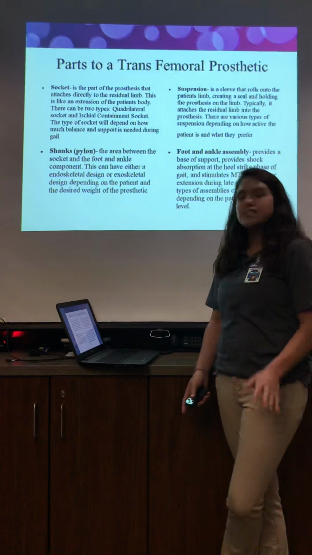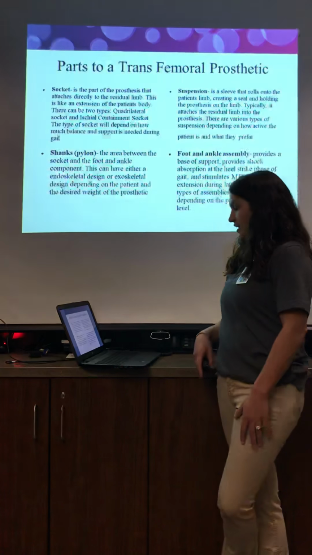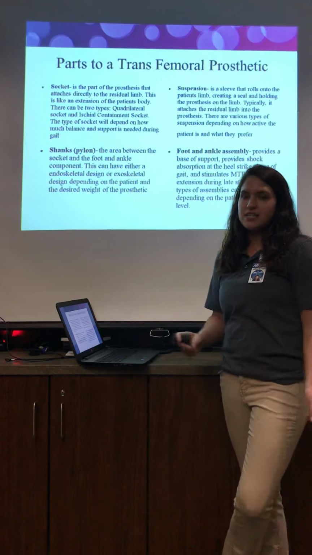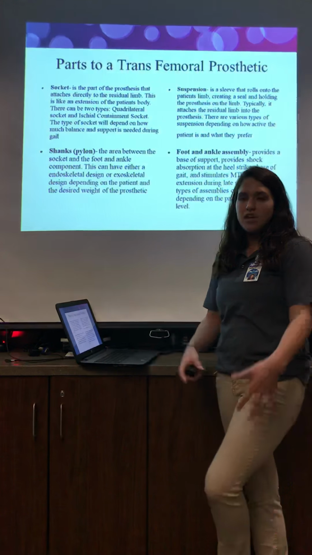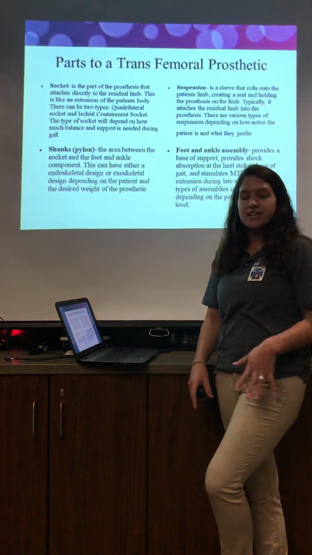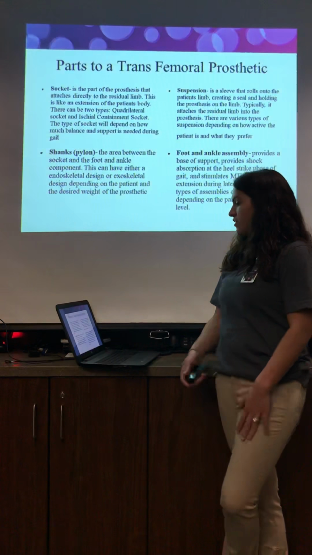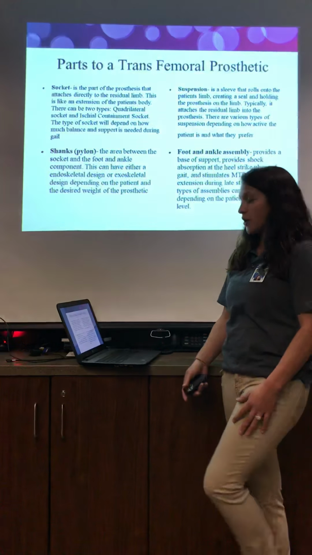This creates a seal holding the residual limb to the prosthetic leg. The suspension has a pin on the bottom that clicks into the prosthetic leg. There are various types of suspensions depending on how active the patient is and what they prefer.